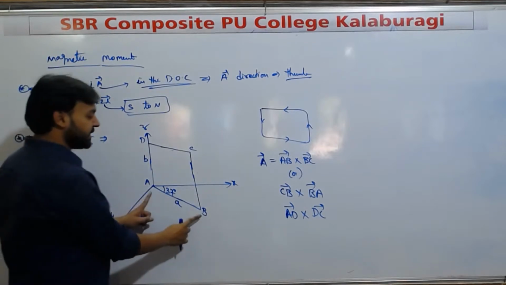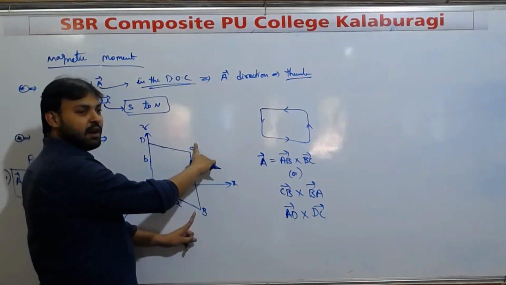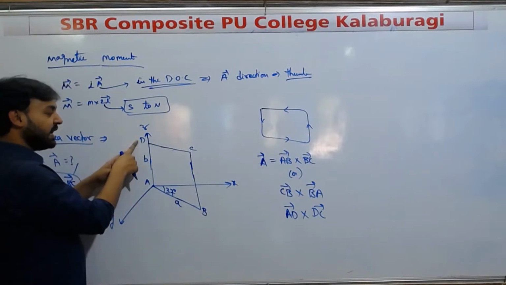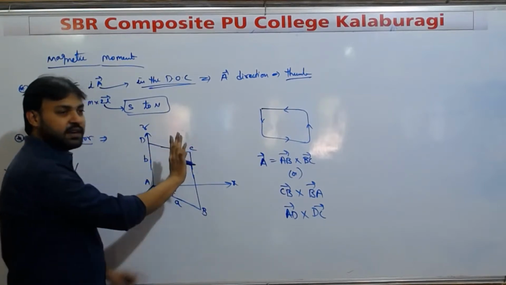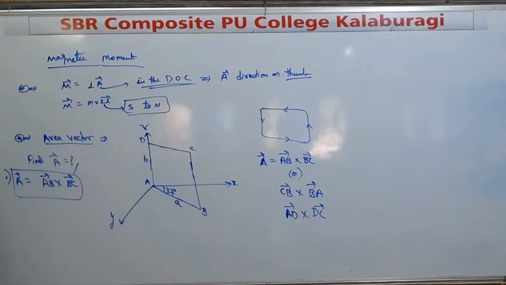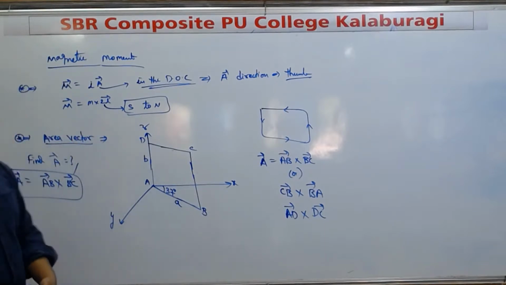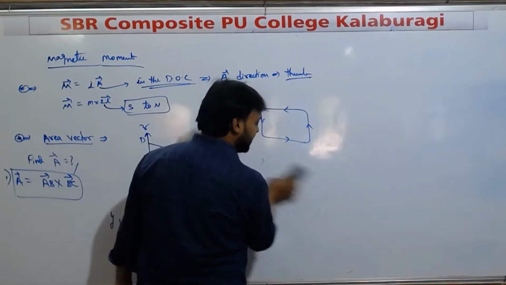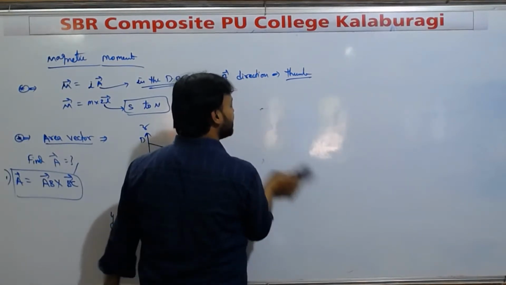Consecutive sides, that is important. If you write AB, you have to write BC. Or if you write CB, you have to write BA. If you write AD, you have to write DC. If you write CD, you have to write DA. Try to remember that point for area vector in mechanics. Absolutely correct. Consecutive sides cross product.